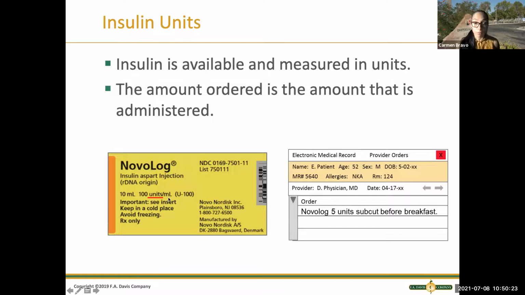So that's a lot, right? So there's about 1,000 units in that vial. Anyway, if it's 5 units that you have to give, you just draw 5 units on the syringe. Okay.